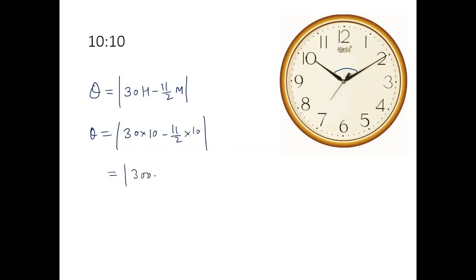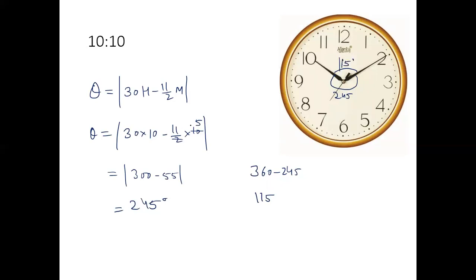The value will be 300 minus 55. This is 245 degrees. So the reflex angle here is 245 degrees. To find out the obtuse angle, subtract it from 360 degrees. So the other angle is 115 degrees.